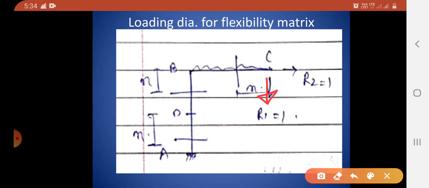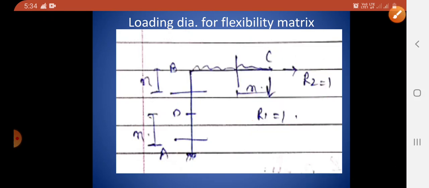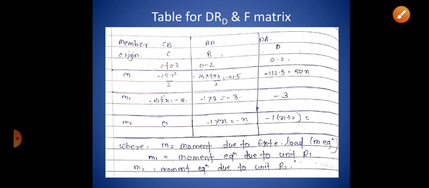And then again take section 1 in CB part, considering the right hand side force, that is R1. Remember here R2 is absent. This R1 is causing a right clockwise moment, minus 1 into X, so minus X, you can see it in the table.